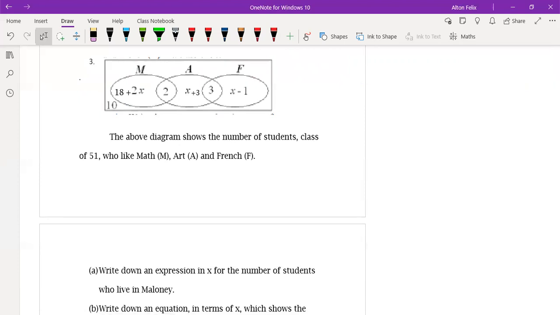Right, so in that question, you are given 3 sets, M, A, and F. The above diagram shows the number of students in a class of 51 who like math, art, and French, M, A, F. Write down an expression in X for the number of students who like math.